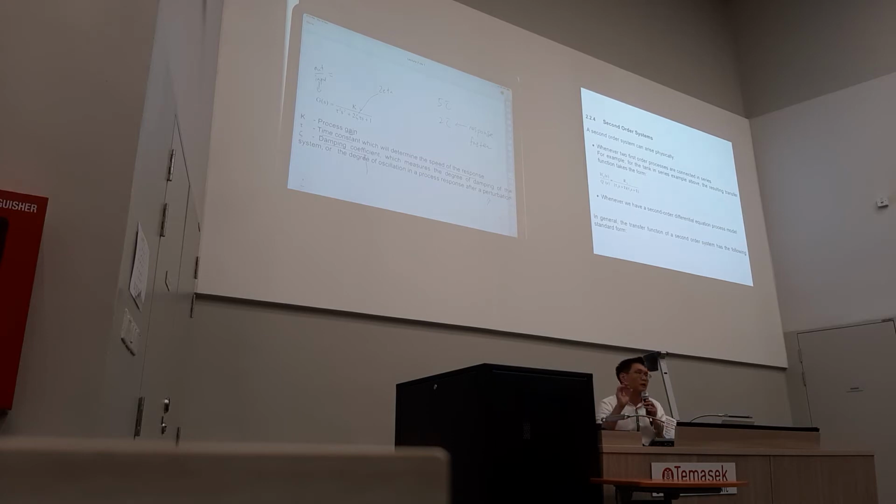Perturbation you can refer to as a disturbance. So anything you disturb the system with, because of the second order, it will oscillate. And how fast or how big the oscillation is is determined by this coefficient, which we call the damping coefficient.